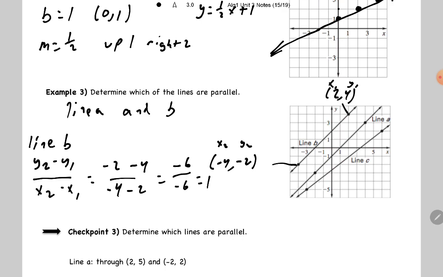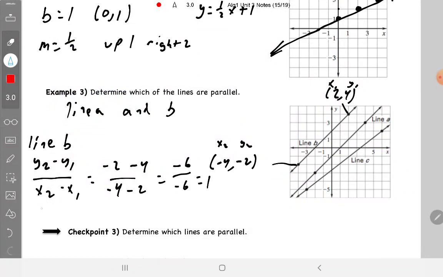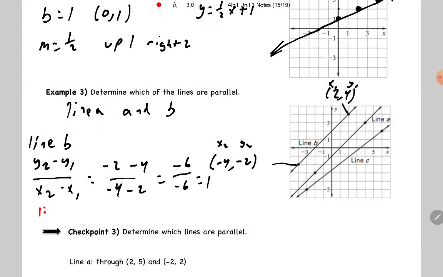Okay, now we're going to look at line A. Let's use a different color. So line A, here we got 4, comma 3.